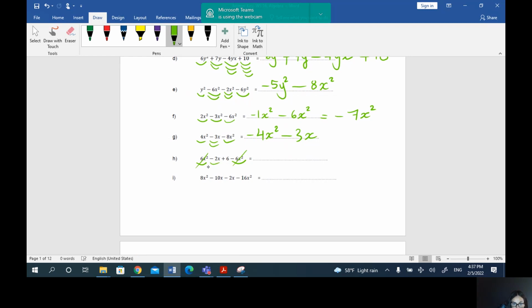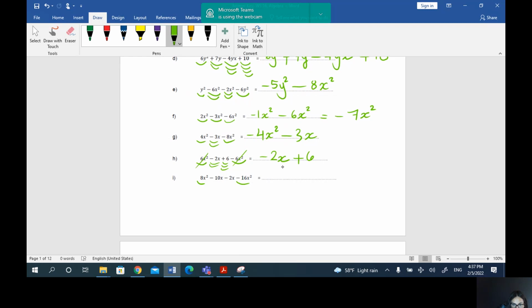Minus 2x, there is no like term to minus 2x, so I will just write it as is. Plus 6, there is no term alike to plus 6, so I will just write it as is. 8x squared is a like term to minus 16x squared.